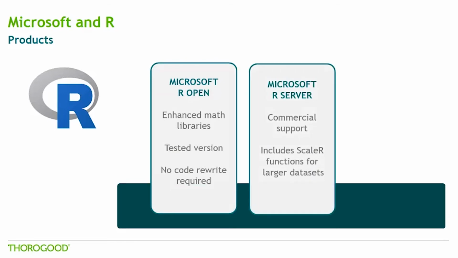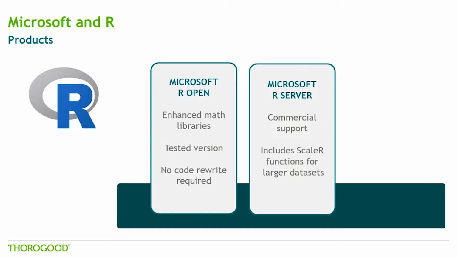The next offering from Microsoft is R Server, and this is commercially supported by Microsoft. This allows for fully scaled data sets and computations that can then be easily deployed across multiple platforms. It's available with Teradata, Hadoop, and SQL Server, which enables running these advanced analytical models on enterprise-scaled data sets.